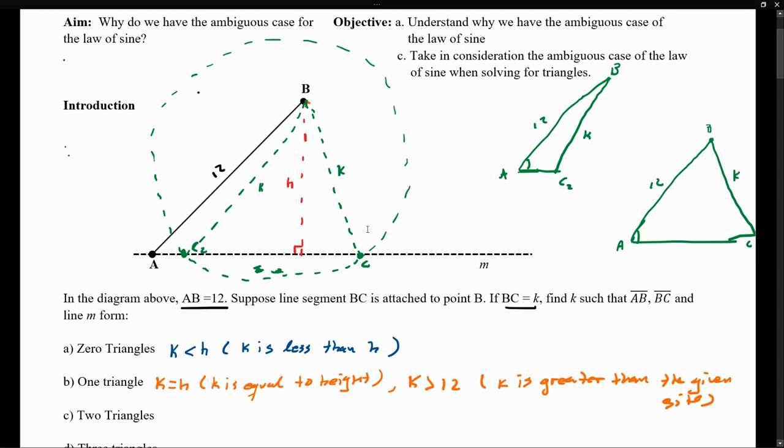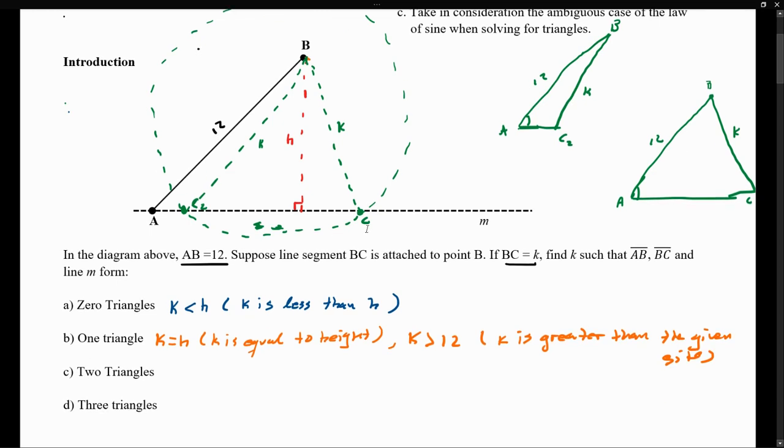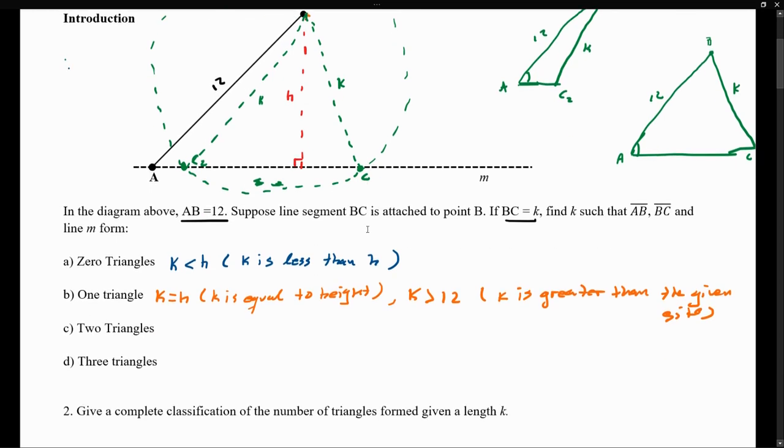And that is what we call the ambiguous case of the law of sine.